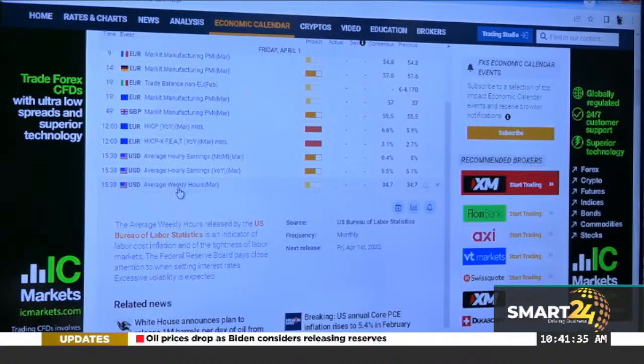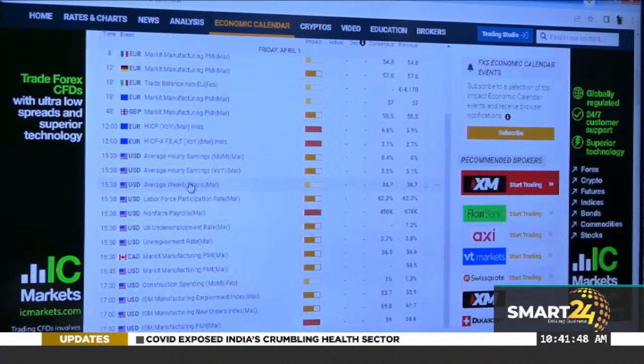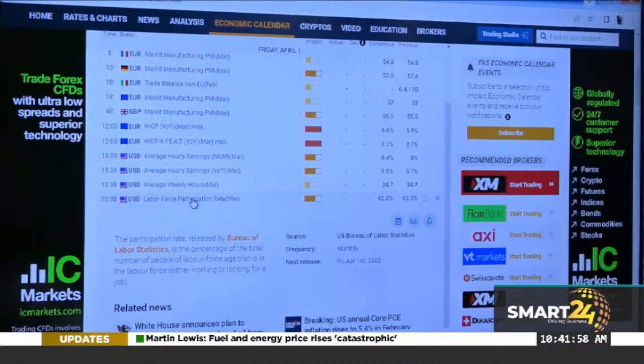Another event here, very low impact, the average weekly hours. This one is expected not to change from 34.7, to remain as 34.7. So that one is neutral. So we have 2 positive and 1 neutral. Then the labor force participation rate.